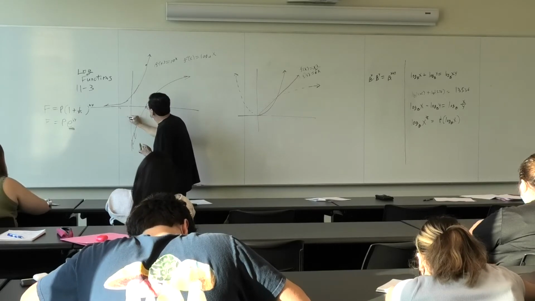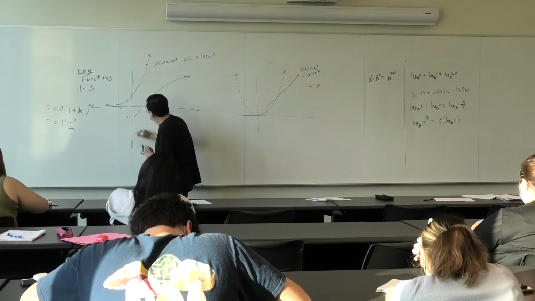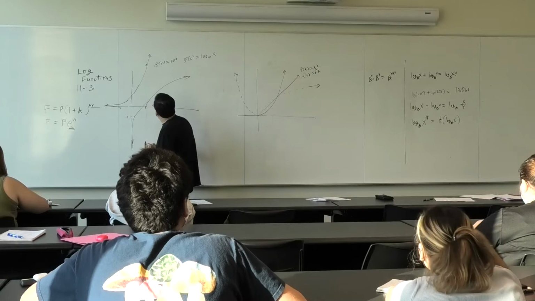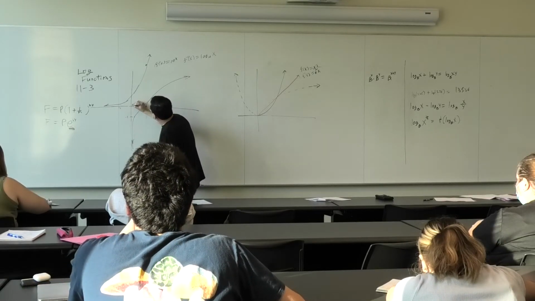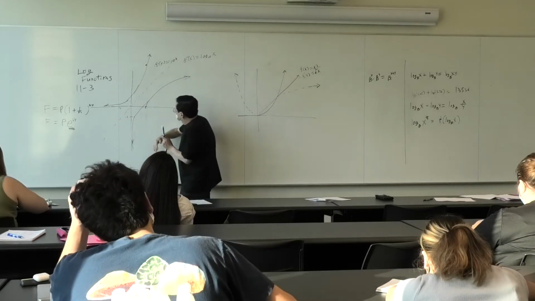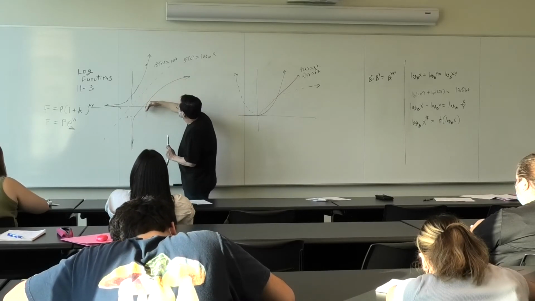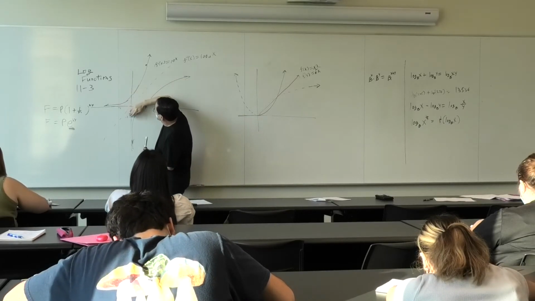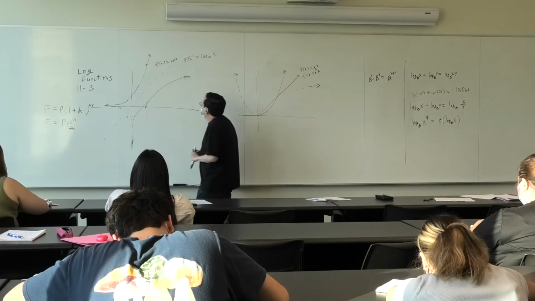At negative 1 here, it'll be just a 10th, so let's see if I can draw that a little better. And just like with any other inverse function, the graph of the log function is again the mirror across this y equals x of this function.